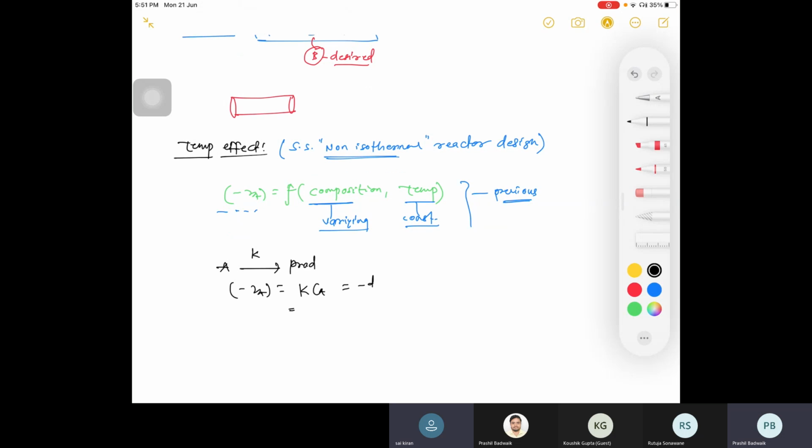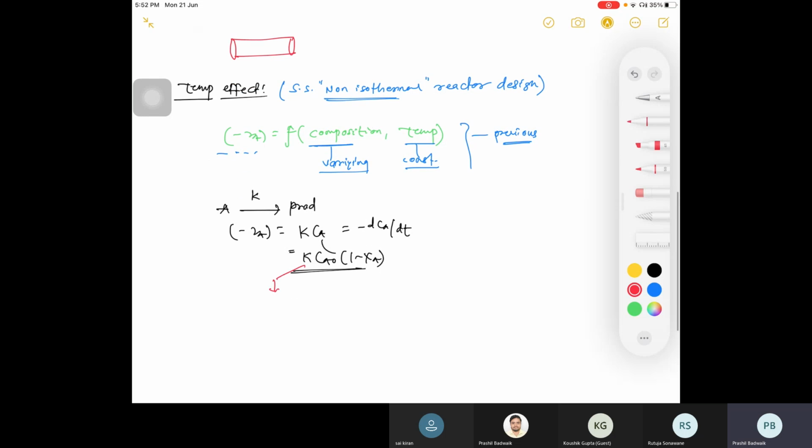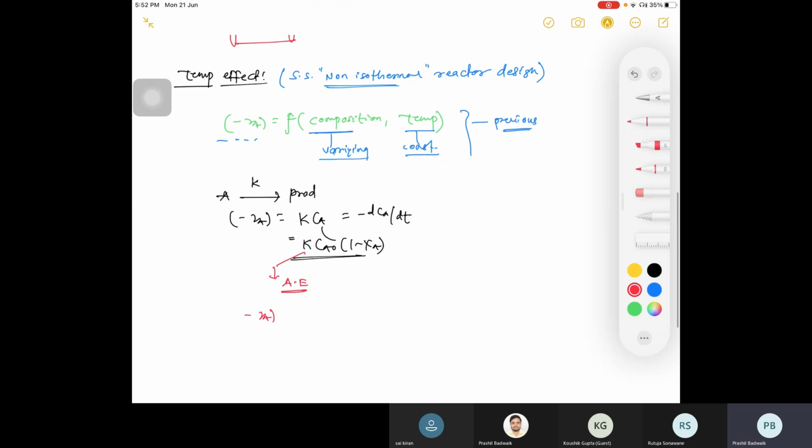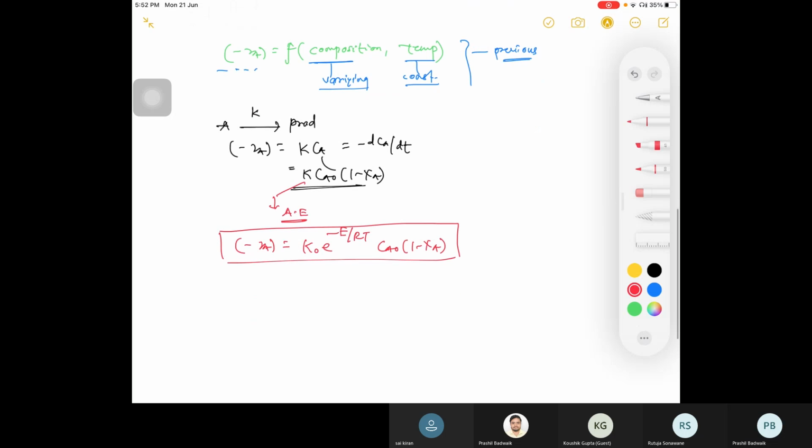We were replacing CA as CA naught into 1 minus XA. This was there. But now what will we do? For this K, we will use the Arrhenius equation, which we studied already. Minus RA is equal to K, where K is equal to K naught e to the power minus E divided by RT, times CA naught into 1 minus XA. This is your equation now.